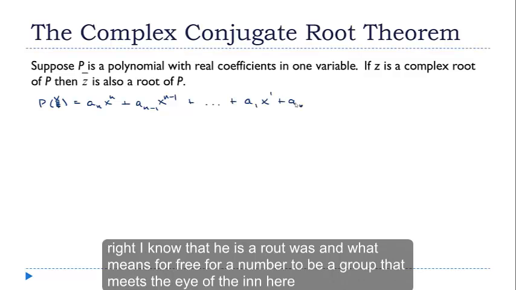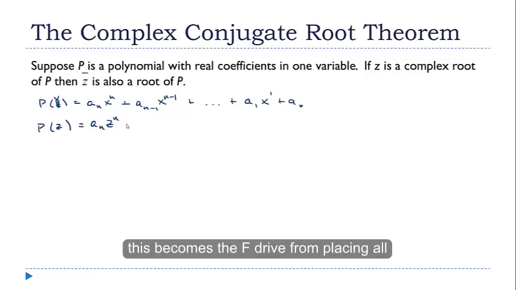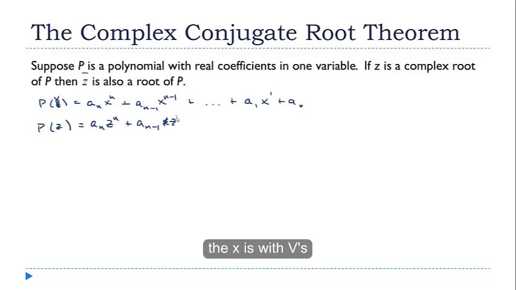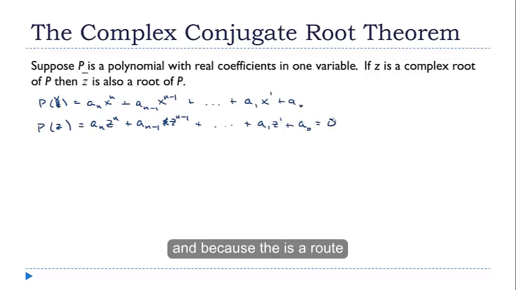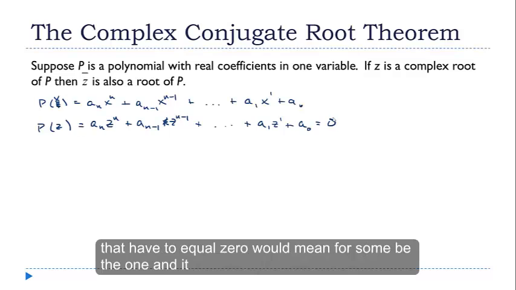Remember what it means for a number to be a root. That means that if I put z in here, this becomes this, right? I'm just replacing all the x's with z's. And because z is a root, that has to equal 0.